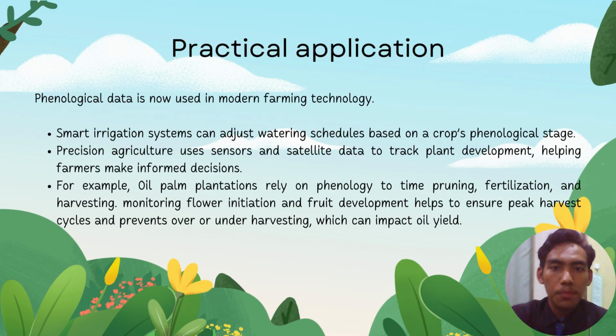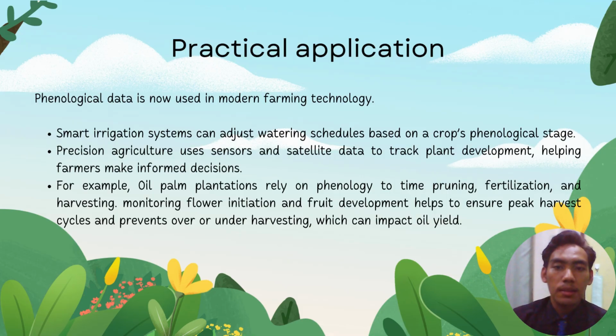Okay, next is practical application. Phenological data is now used in modern farming technology. Smart irrigation systems can adjust watering schedules based on a crop's phenological stages. Precision agriculture uses sensor and satellite data to track plant development, helping farmers make informed decisions.